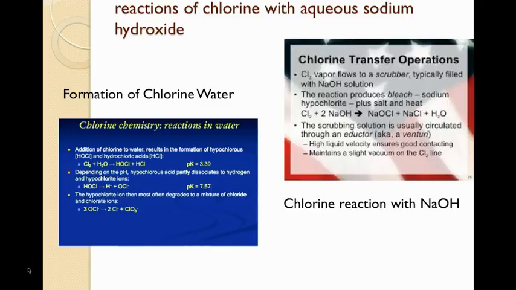You mix chlorine gas with NaOH, and you can create salt and bleach. So for reactions that use chlorine, you have the ability to make other compounds from the chlorine that's left over.